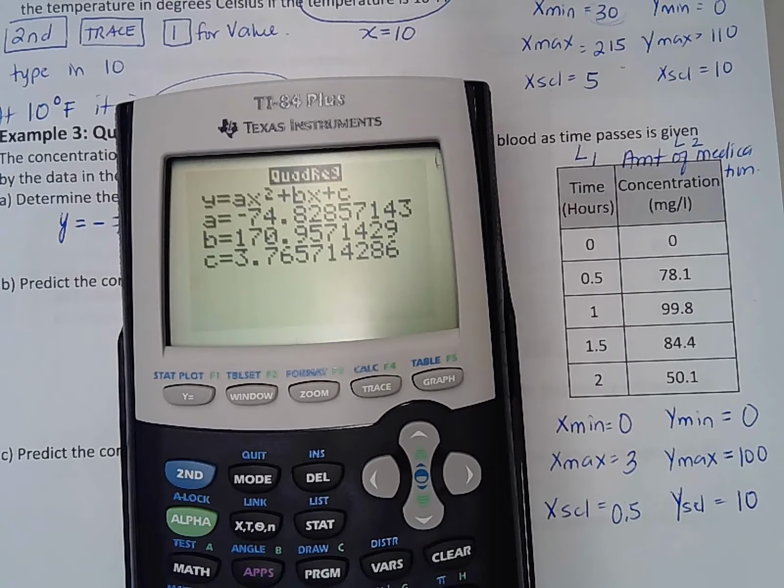So you go Stat, Calc, quadratic regression, Y Vars, 1, 1, 1. Invalid dimension.